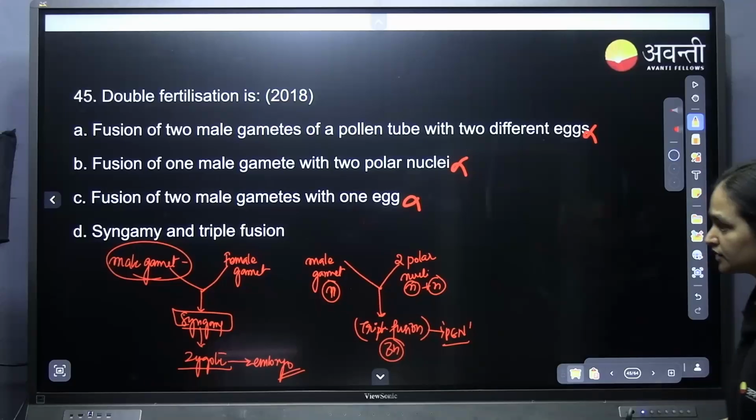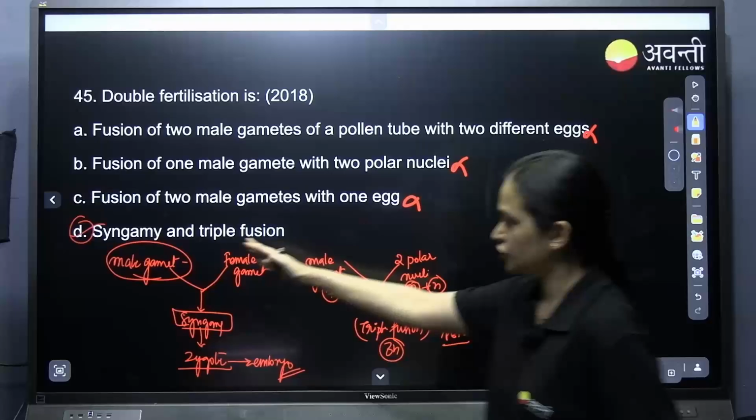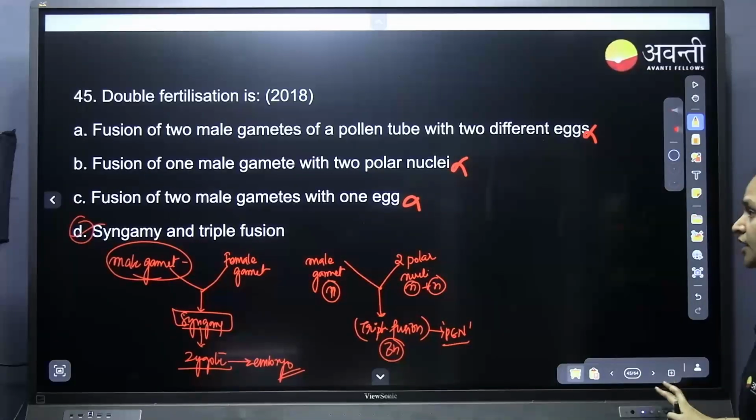Okay. So, this is D for Delhi is a correct answer. Syngamy, one fertilization, triple fusion, another fertilization, that is double fertilization you see in angiosperms.